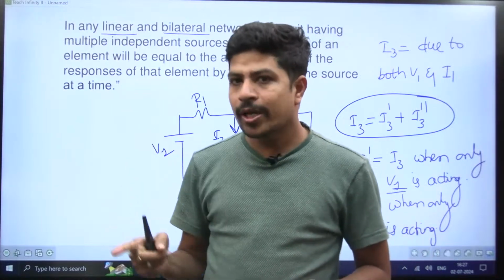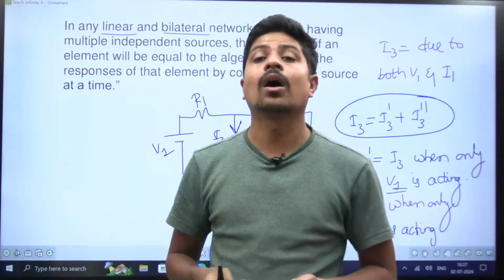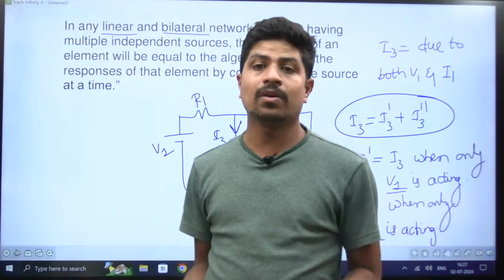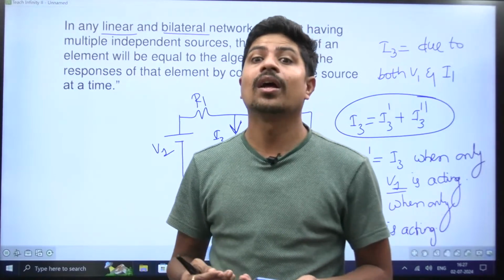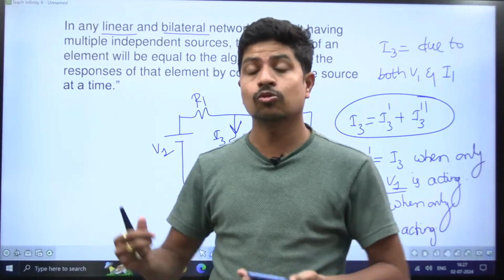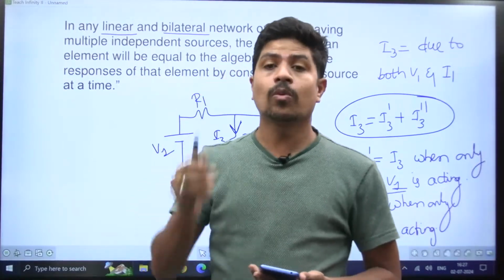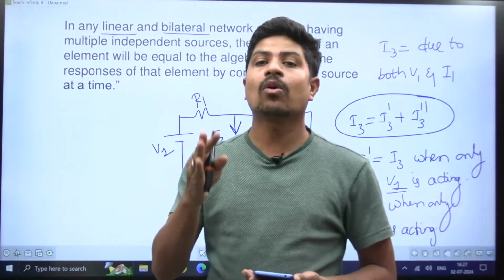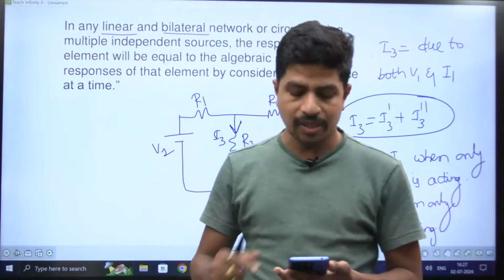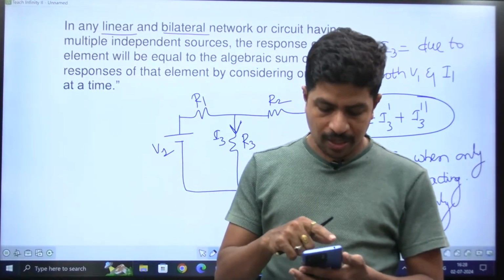Because without independent sources, dependent sources cannot supply power in the circuit. Therefore we should not consider dependent sources as sources to apply superposition theorem. The number of subcircuits in the superposition theorem is equal to the number of independent sources only, right?